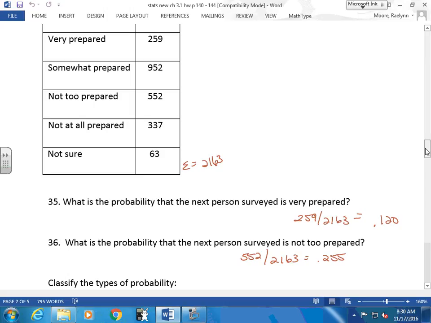So when you give someone these categories, be real careful about them. Somewhat prepared and not too prepared, I wouldn't know which one to go to. I'm somewhat prepared and still not too prepared, right? So maybe I feel a little bit more positive about it, I go with the somewhat. A little less positive about it, I go with the not too prepared. So watch those categories.